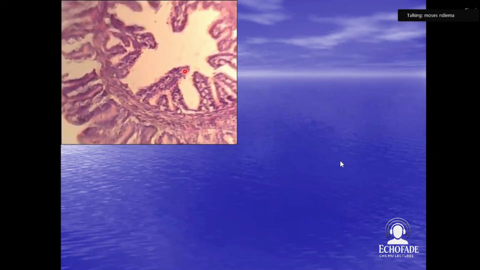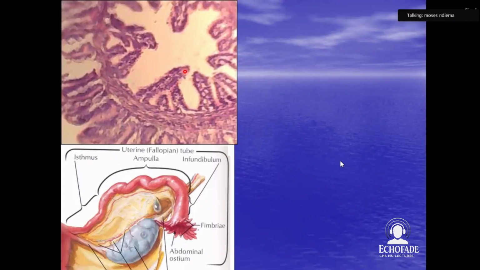The other part is the ampulla, which is the largest part. The most dilated part is the ampulla, and this is where fertilization takes place. The mucosa of the ampulla is thicker and more folded. And then we have the isthmus, which is a narrow part.